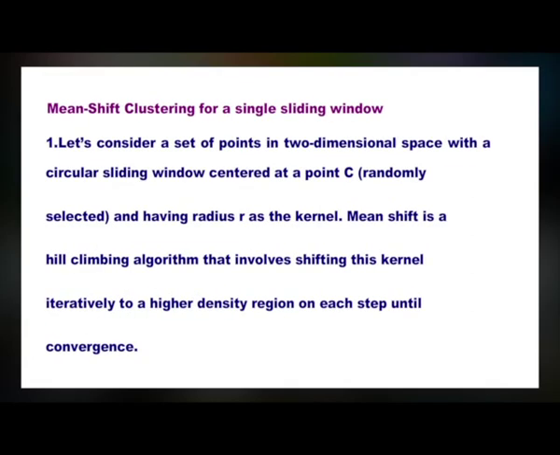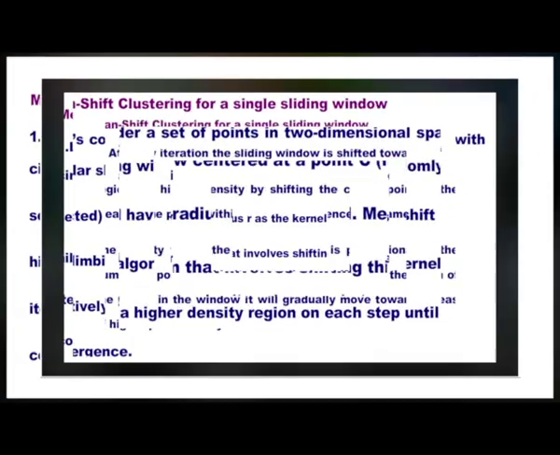In mean shift clustering for a single sliding window, let us consider a set of points in two-dimensional space with a circular sliding window centered at a randomly selected point C, with radius r as the kernel. Mean shift is a hill climbing algorithm that involves shifting this kernel iteratively to a higher density region on each step until convergence.